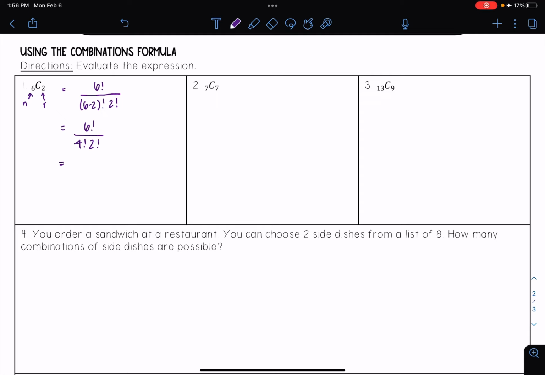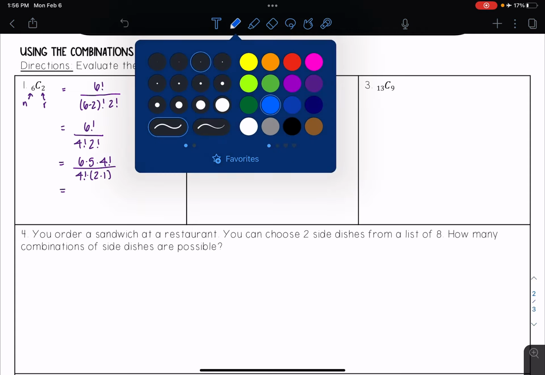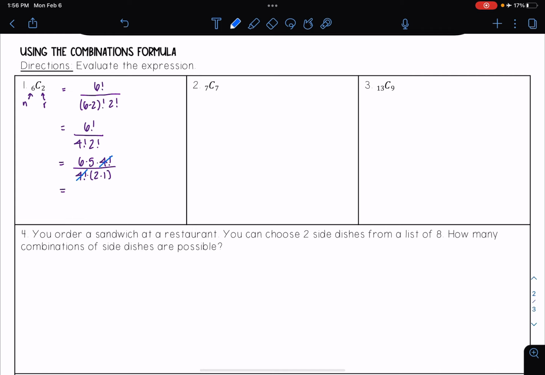So I'm going to break apart the 6 factorial so I can cancel out this 4 factorial. And so I have 6 times 5 times 4 factorial over 4 factorial. And then I'm going to break apart that 2 factorial because it's my smaller one. And I know that that is just equal to 2 times 1. And so I see these cancel out, and I'm left with 6 times 5, which is 30, divided by 2, which is equal to 15.